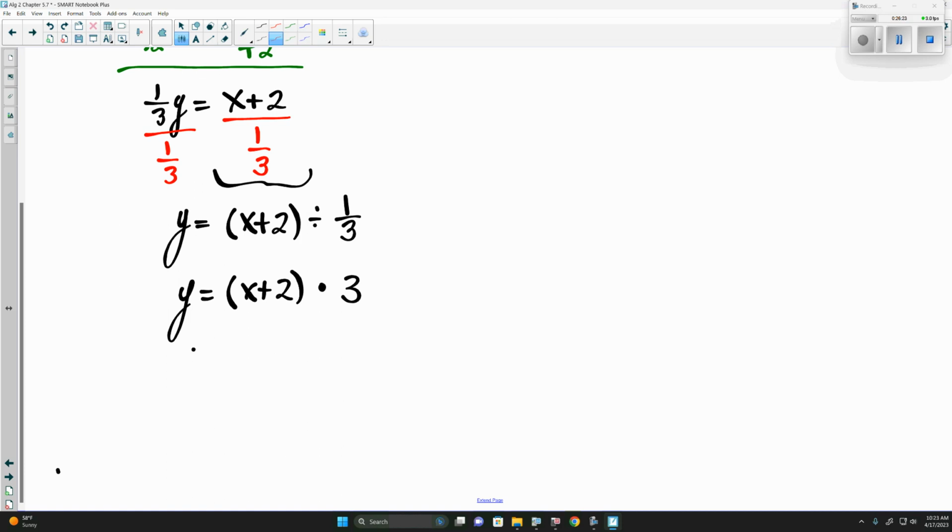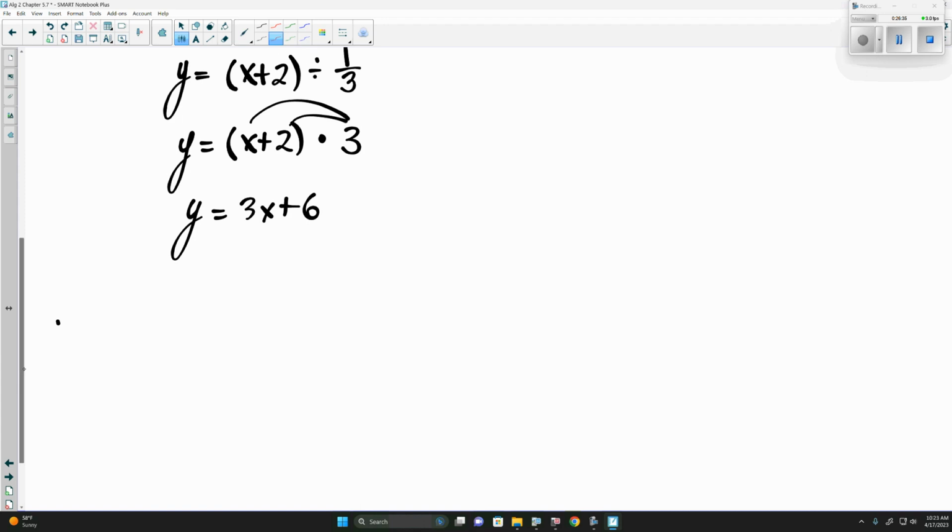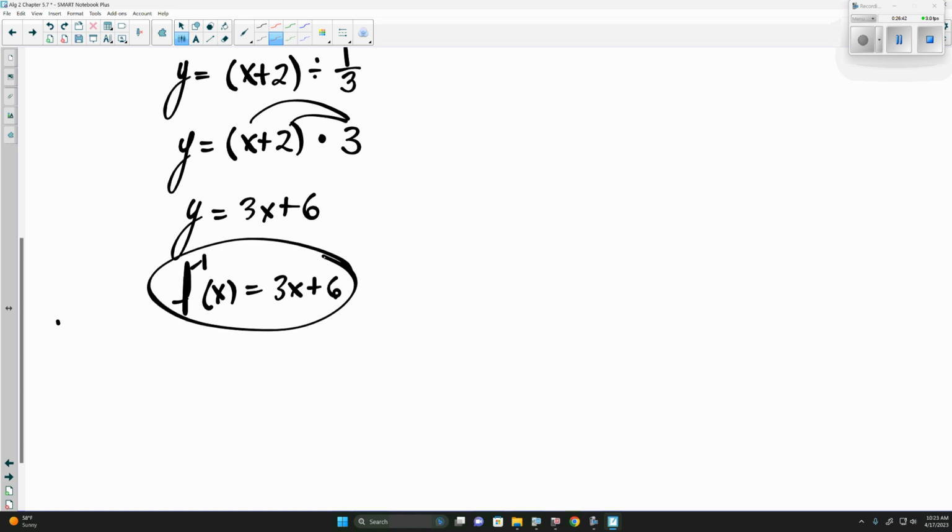And we can multiply this here, telling us y is equal to 3x plus 6, or that f inverse of x is 3x plus 6.